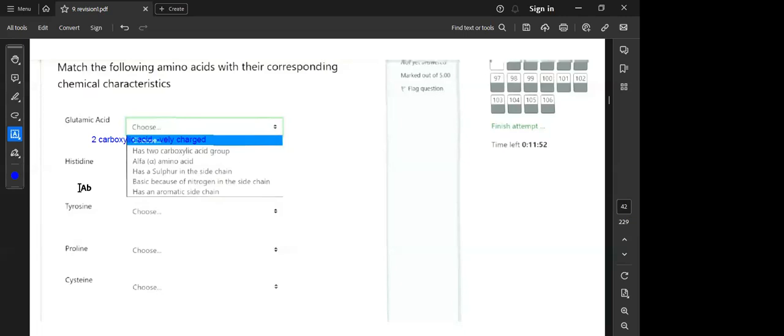At least najua histidine has sulfur, I think.